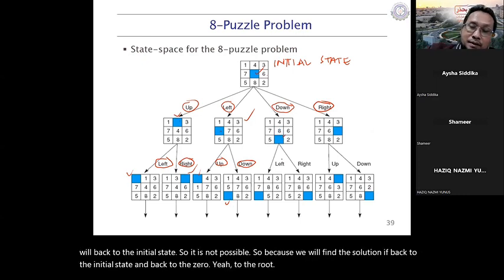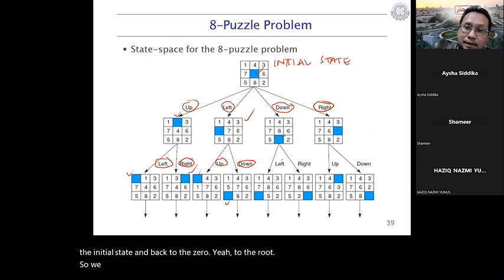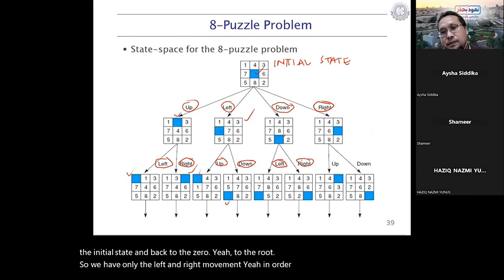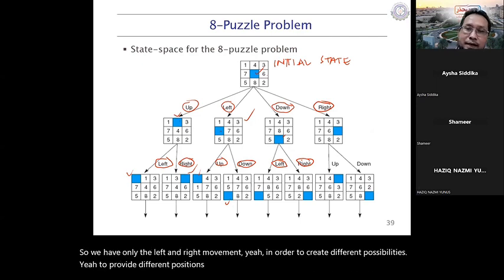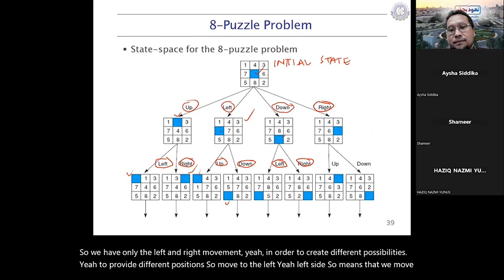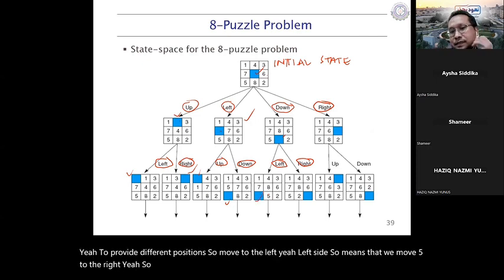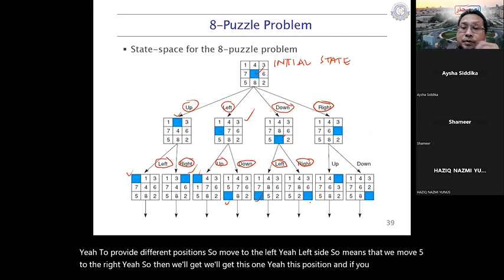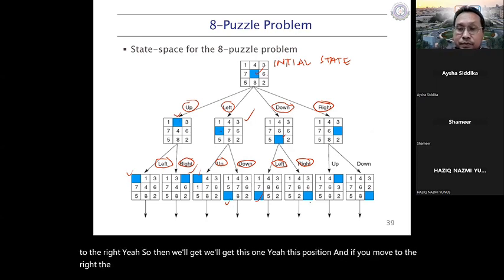So we have only the left and right movements in order to provide different possibilities. Moving to the left means we move number 5 to the right, and then we get this position. If we move the blue tile to the right, we have to move number 2 tile to the left, and we get this position.